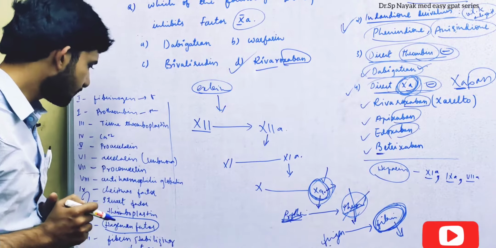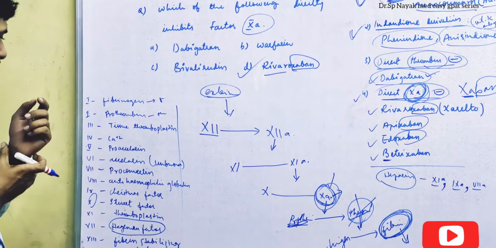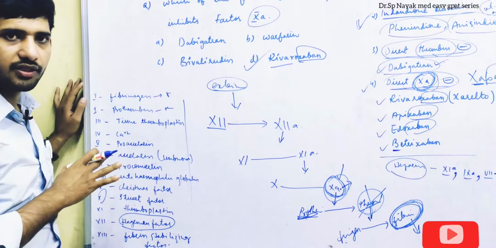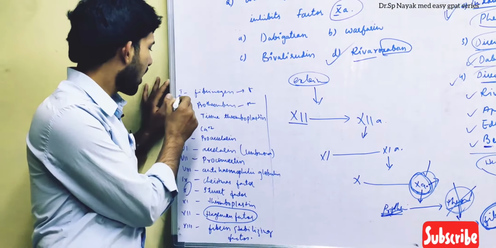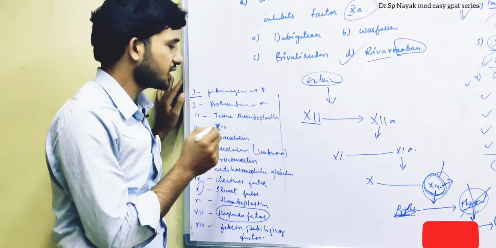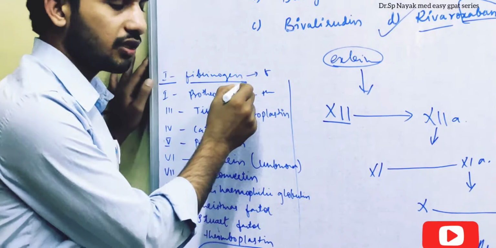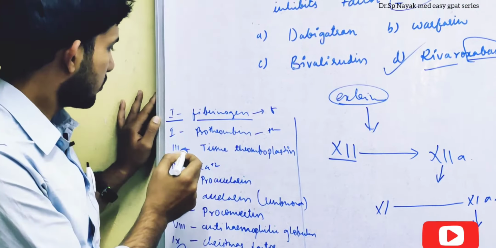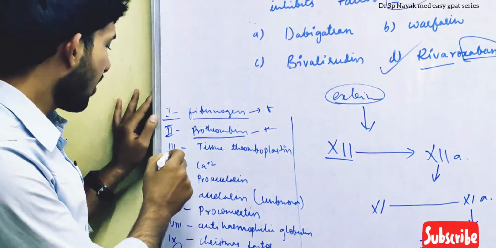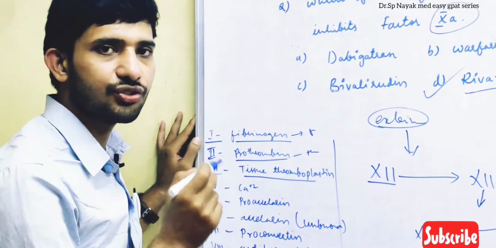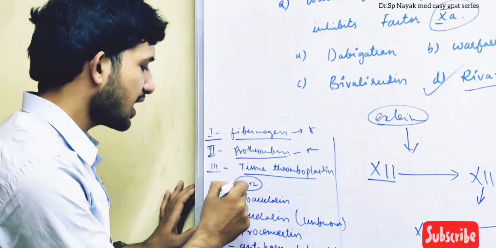And next, let me tell you some points about the factors. Remember, this may come in further examinations. Factor 1 is called fibrinogen. Factor 2 is called prothrombin. Factor 3 is called tissue thromboplastin, and factor 4 is calcium.